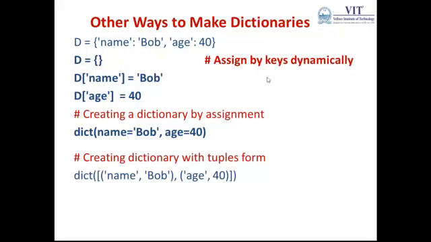We can create an empty dictionary and then dynamically add items using the dictionary name, square brackets, and within them a key equal to a value. Here my key is name and the value is this. Likewise, when creating another item dynamically, I follow this way.